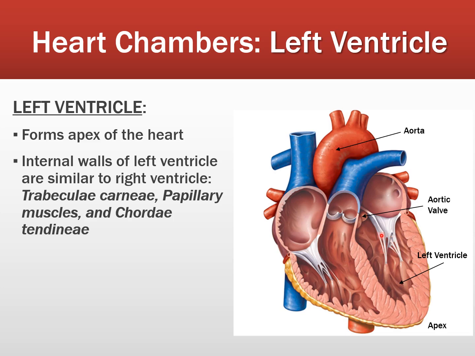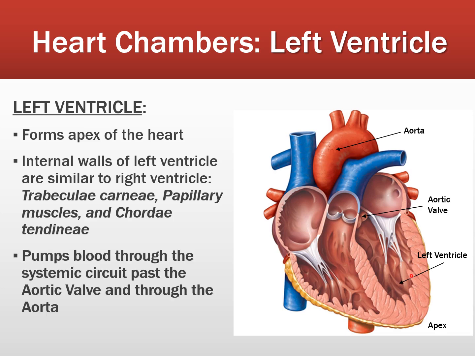Very same structures as we see in the right ventricle. It's going to pump blood to the whole body, out the aorta, to all the arteries in the body to supply nicely oxygenated blood to all the tissues.